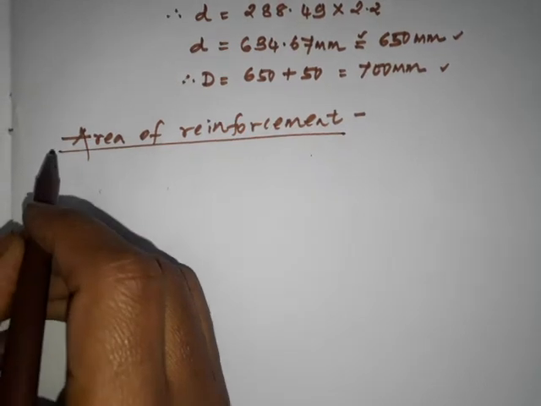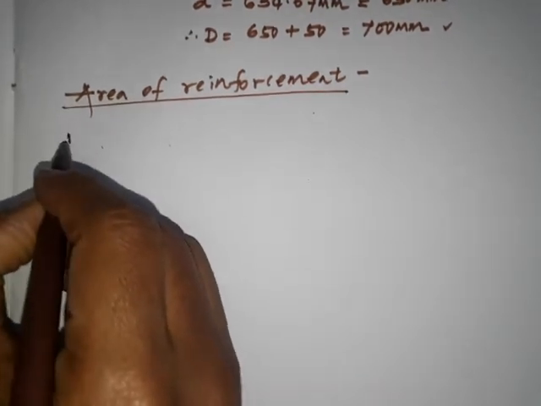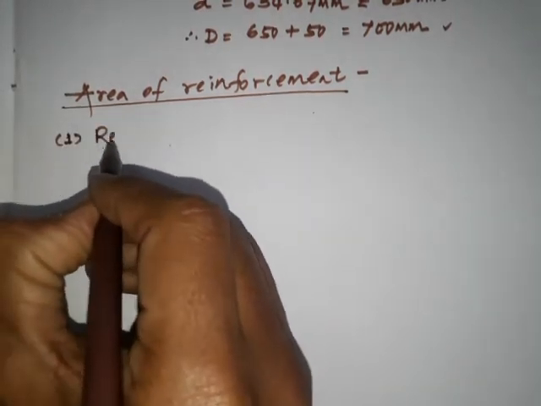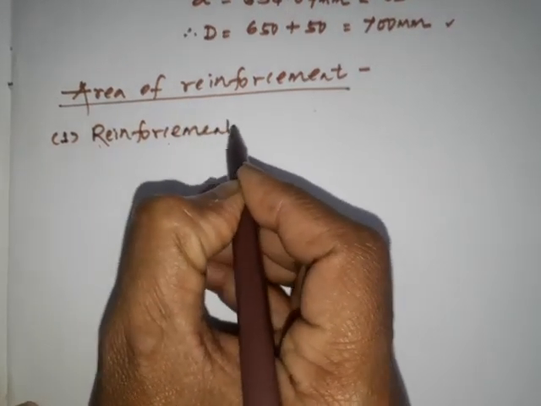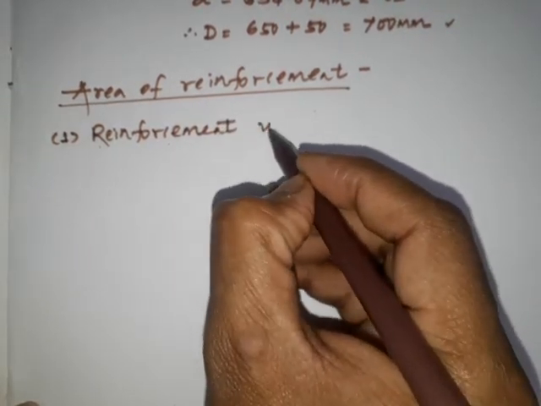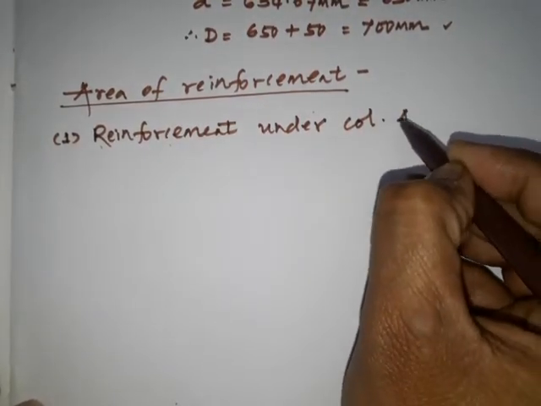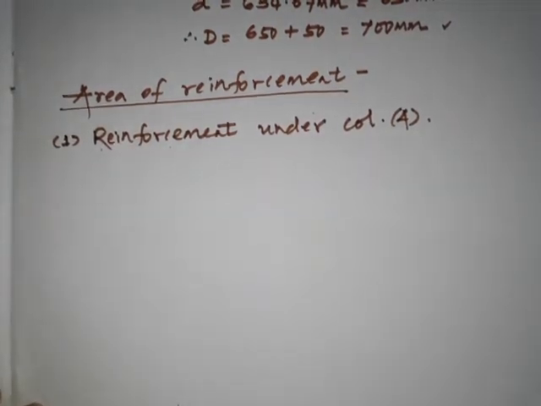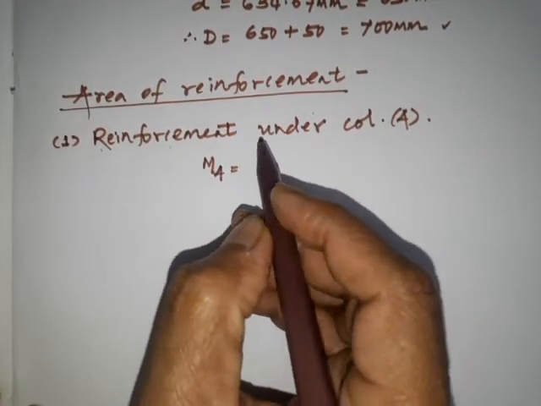So first is the reinforcement under column A. There we have got the moment, I can write it as MA.